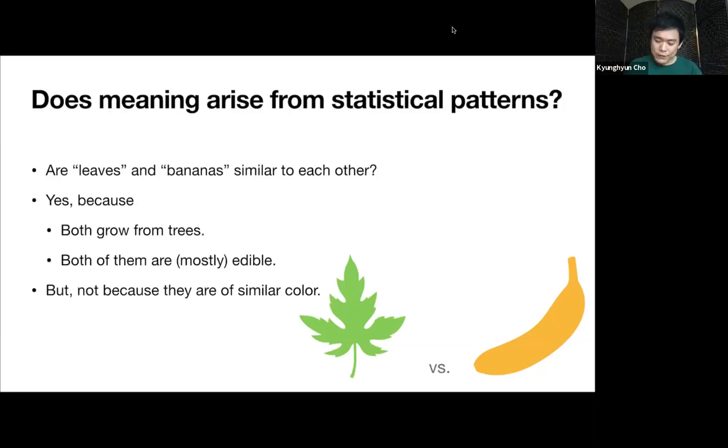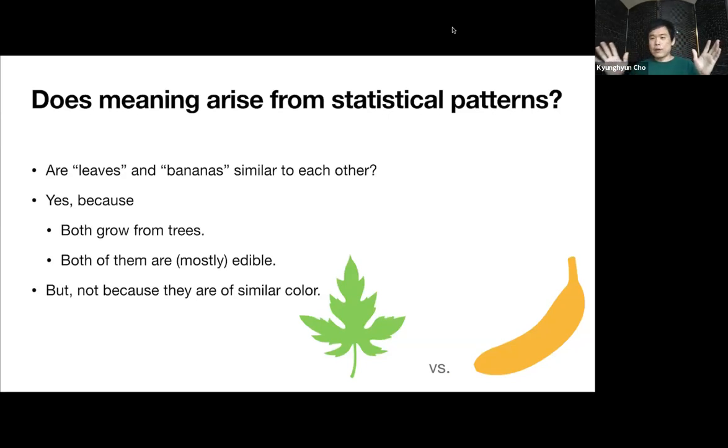A lot of the leaves are used for cooking, like the herbs and so on, and almost all bananas in the world are quite edible. And of course, we are going to see words such as eat, buy, cook, all these eating related words, co-occur together with both leaves and bananas.